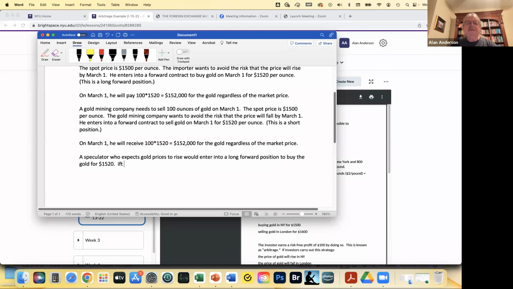And if the price rises above that on March 1st, the speculator will make money. Why? Because he can use the contract to buy the gold and then sell it in the market at the higher price. A speculator who expects gold prices to fall would do the opposite.